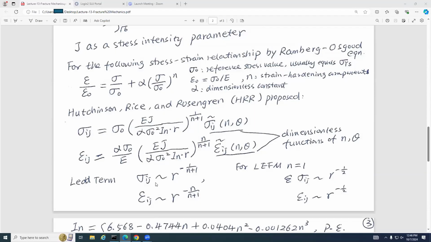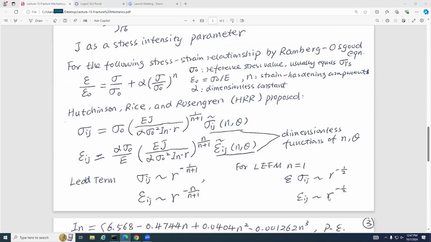So you can see sigma ij is singular when r goes to 0, and epsilon ij is also singular when r goes to 0, right? You still remember, guys? In LEFM, we know that sigma ij is singular. Singular means goes to infinity when r goes to 0, and epsilon ij goes to infinity.